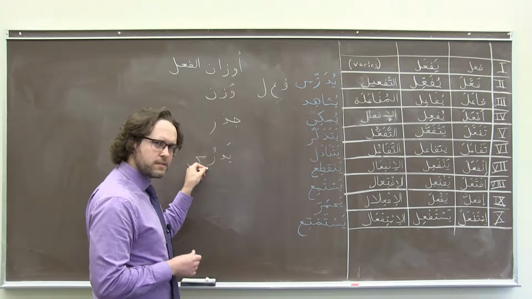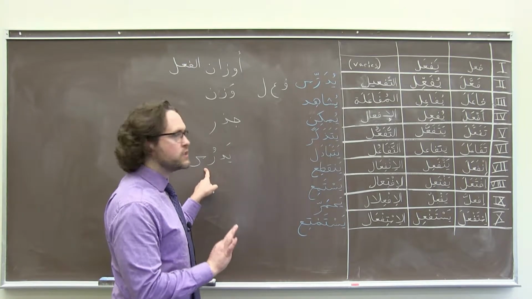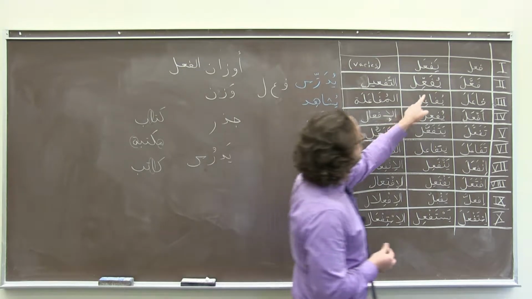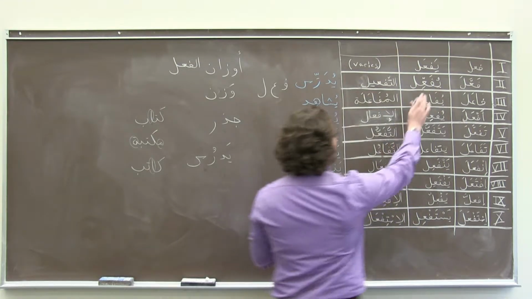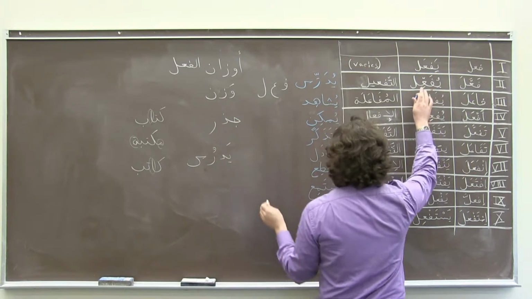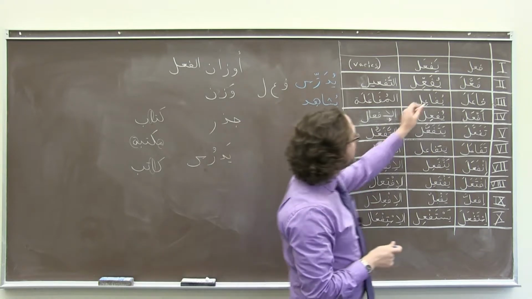I've got this core meaning of studying, but I want to change it. What I'm going to do, sticking with the huwa conjugation in the present tense, is follow this pattern exactly, except that I'm going to swap out this fa for a dal, and this ayn for ra, and the lam for sin, but I'm going to keep these vowels.